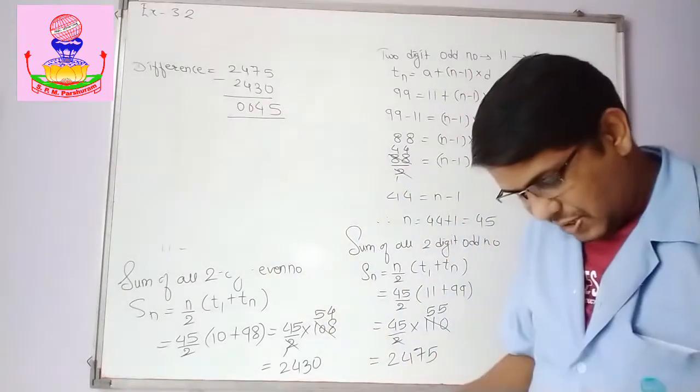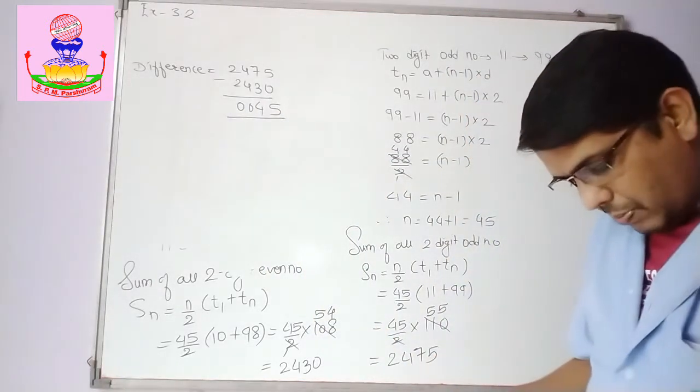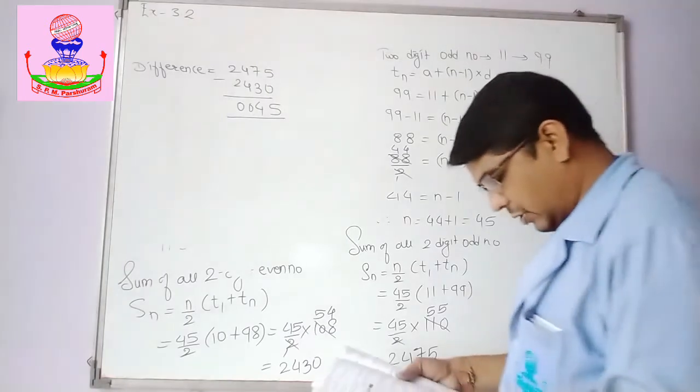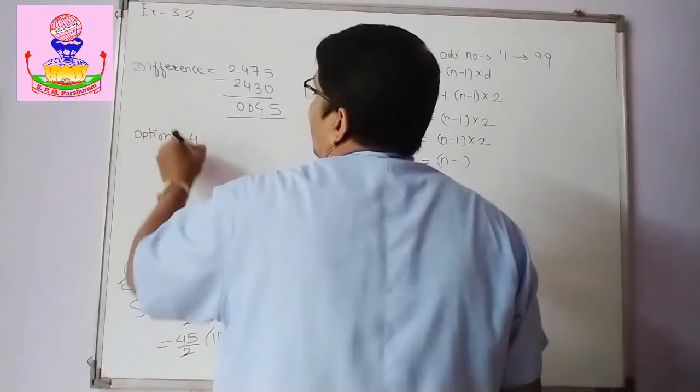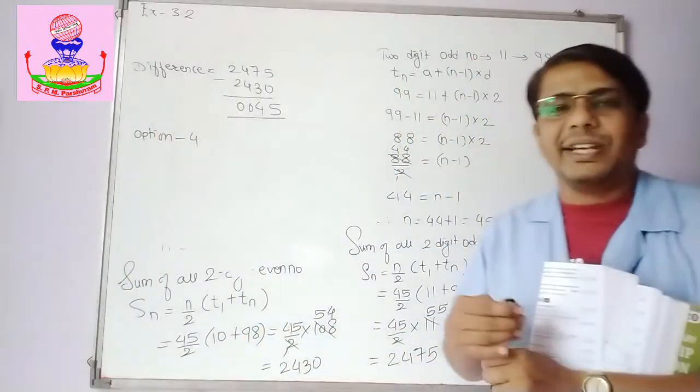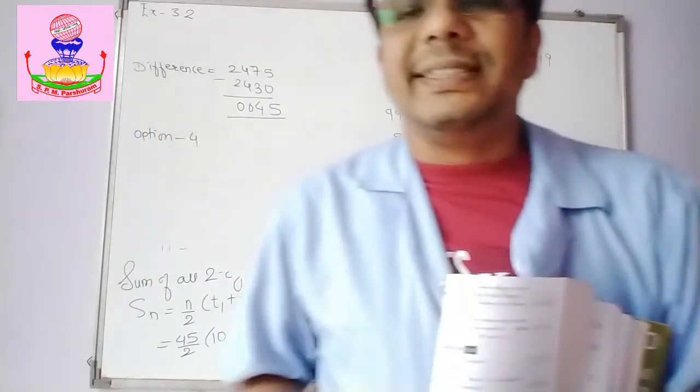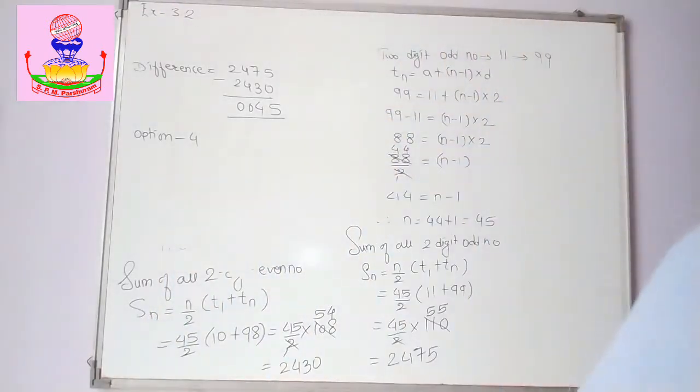That is 45. So option number 4. Option 4. Do you understand? Okay. Now let us go for the next example.